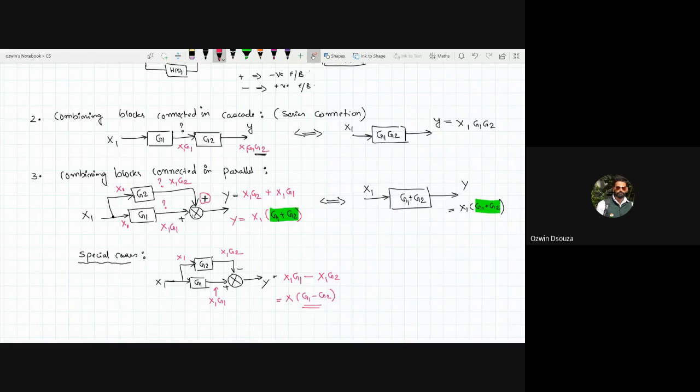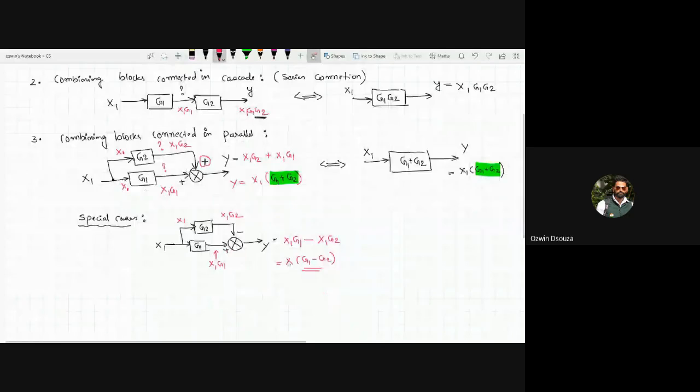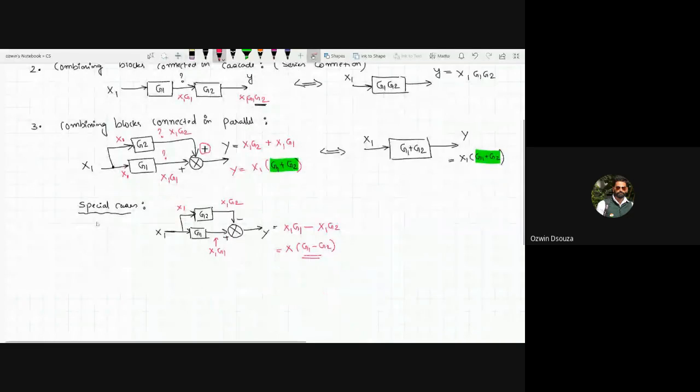If both the signs are positive, it is G1 plus G2. If one of the signs is negative, then it is G1 minus G2. If both the signs are negative, then it is minus of G1 plus G2. So this is one special case, special case A.